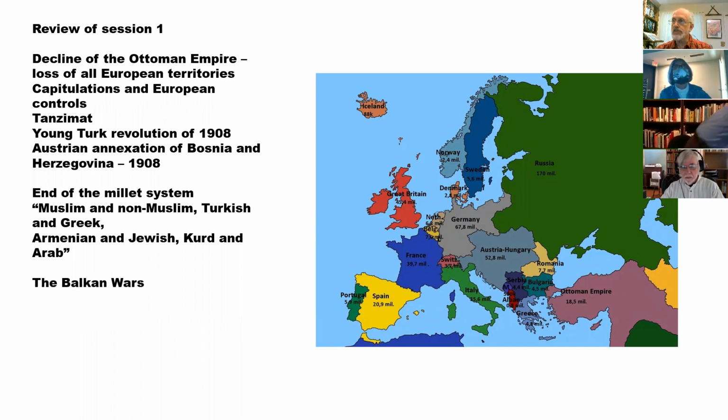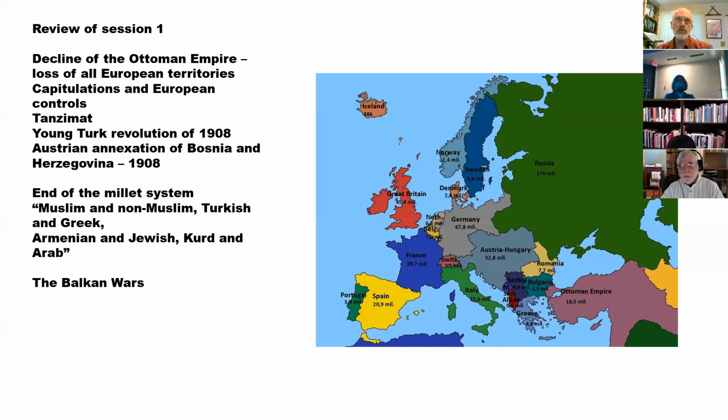In 1911, 12 and 13, what are called the Balkan Wars, the successor states down here on the map, Bulgaria, Serbia, Greece, start fighting over an area which is called Macedonia. Of course, last year I talked a lot more about Macedonia.